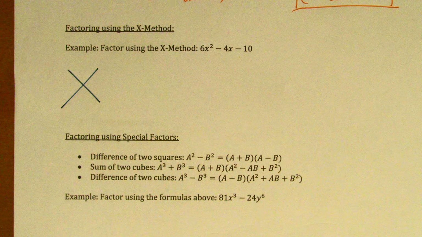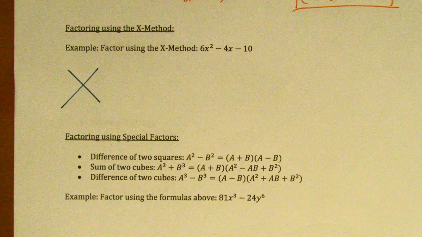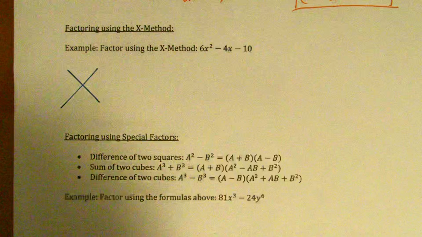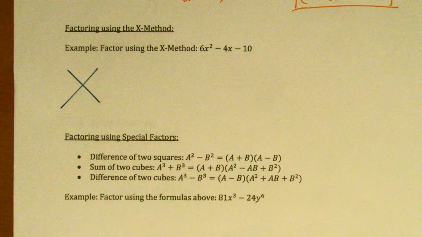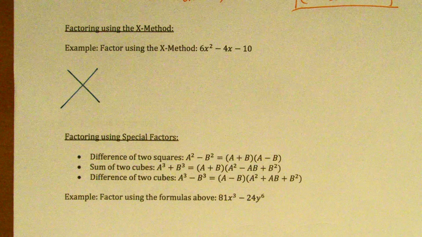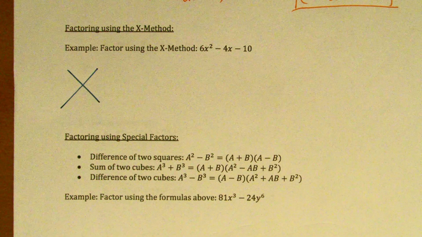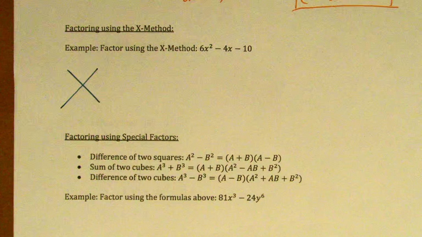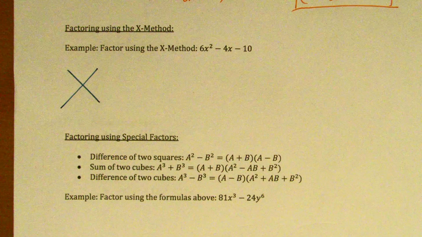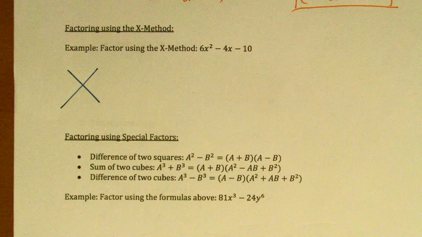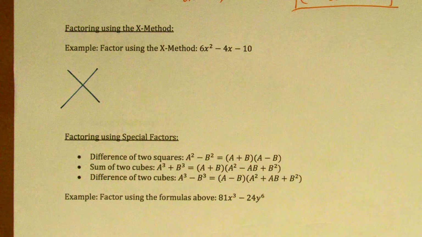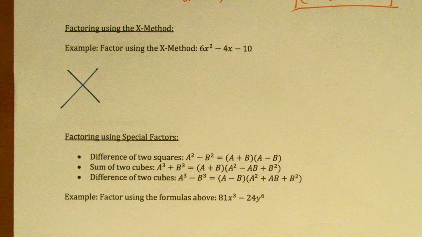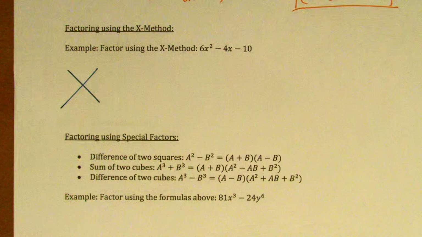So if you are very comfortable doing things like this and factoring this, and you are like, I know how to do this, I don't need to learn another method, great. Keep doing it the way you've been doing it. That's perfectly fine as long as I'm seeing the method you're using. But if you're like, I've learned a lot of different methods, I'm not really sure, I don't really remember, then this, I think, is a really good option that you should consider in how to factor these kinds of problems.